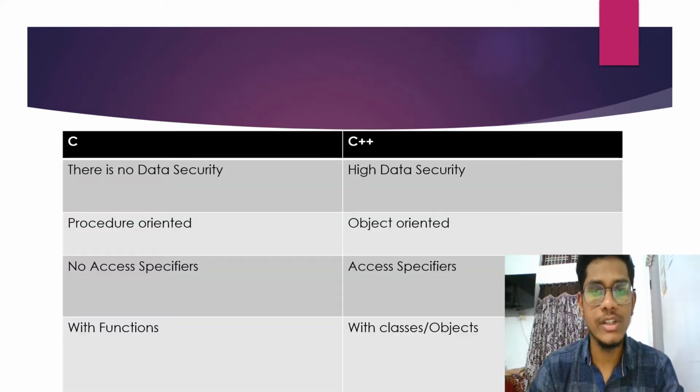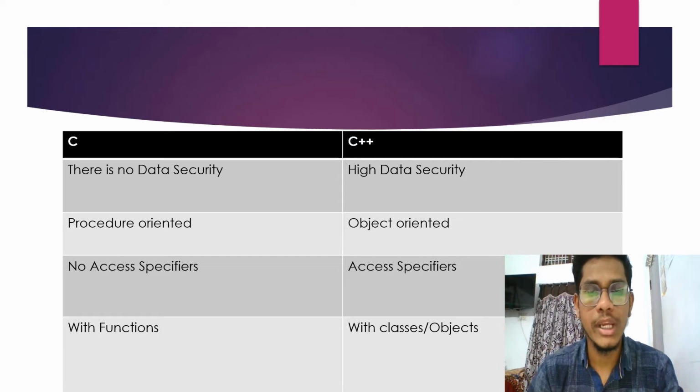What is the difference between C and C++? Why do we need C++? As we know, C is a procedural language, in which we have functions. But the main concept behind developing C++ is data security. In C, we don't have data security for the member functions.